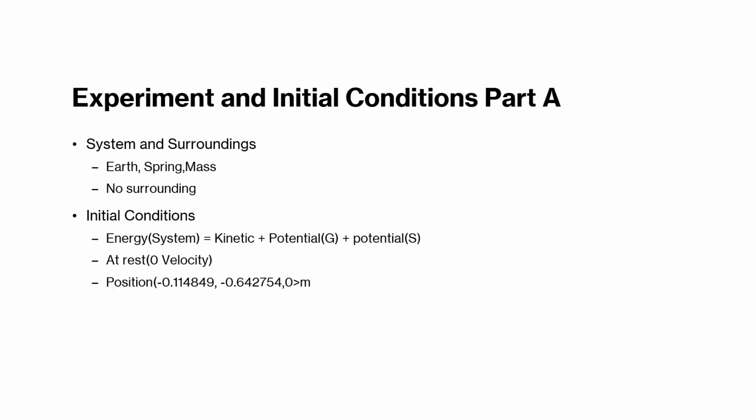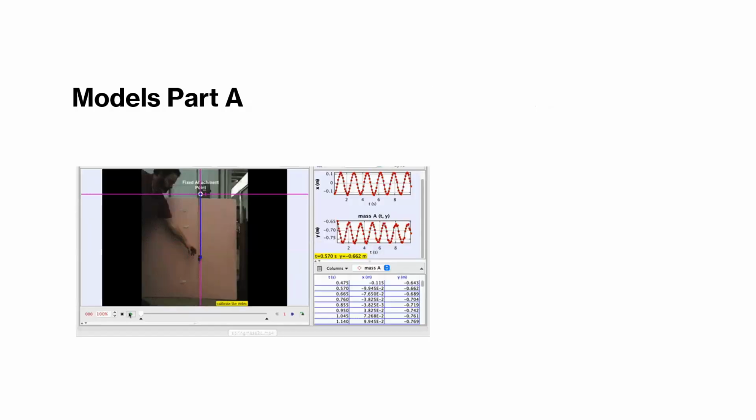So our energy of the system is equal to the kinetic plus the potential, gravitational, and the spring potential energy. Also, it's at rest to start with, and then we have a position that we start with listed. And then here's the actual movement.